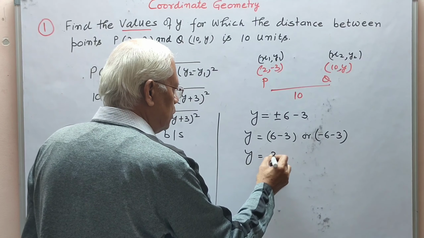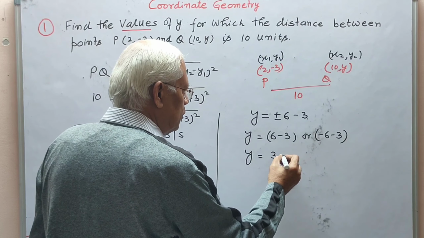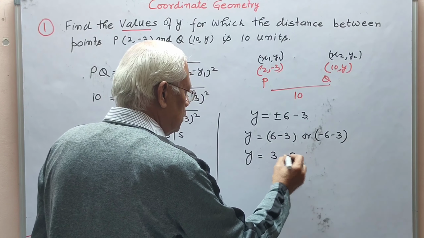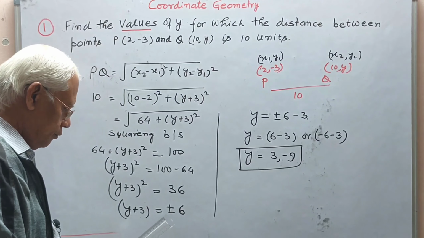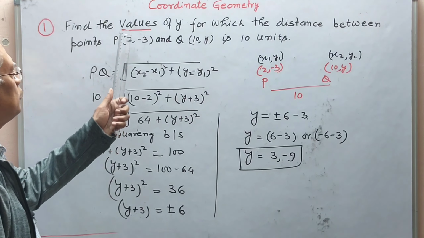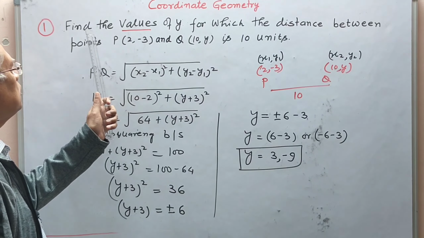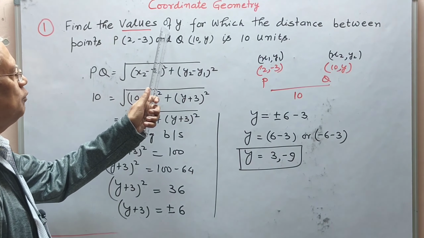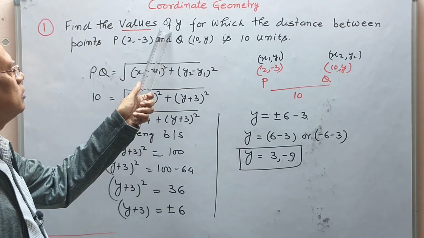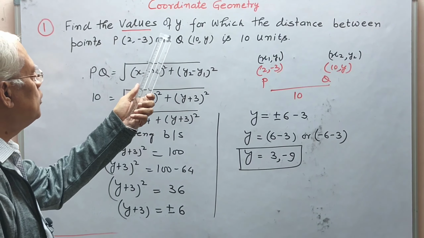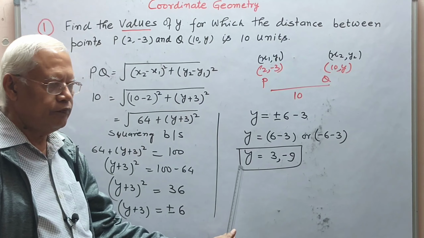So y is equal to 3 or minus 9. So these are the values of y. The hint was already given in the question: you have to find the values of y, which makes it clear that there will be two values of y.